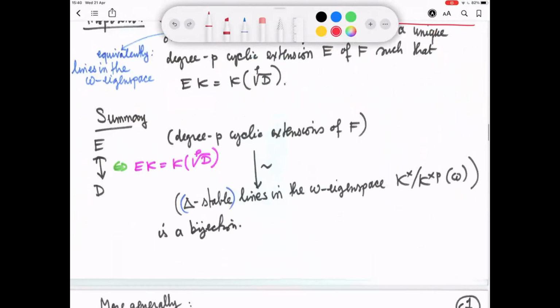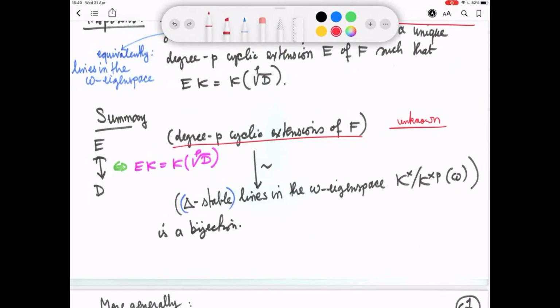Okay, so here's the summary. The summary says that on the one hand, I have the set of degree P cyclic extensions of F, which is sort of unknown. Given a field F, I don't know what the degree P cyclic extensions of that field are in general. One doesn't know that.